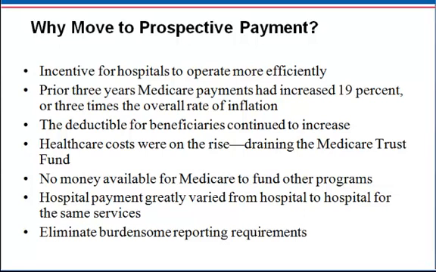The deductible for the Medicare beneficiaries was on the rise, as were healthcare costs, like I said, draining the Medicare funds. No monies were available to fund other programs. Hospital payment rates really varied from place to place for the same exact service. And to eliminate the burdensome reporting requirements.